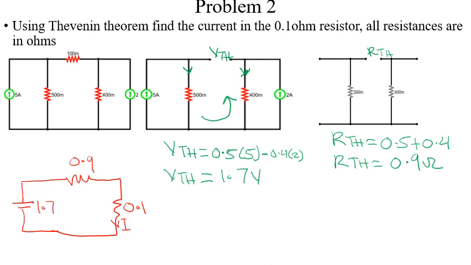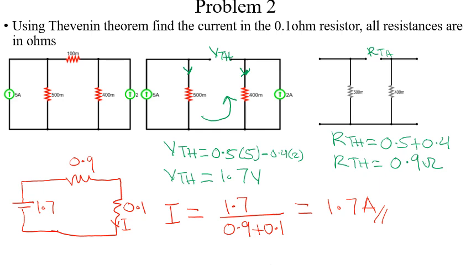So we now find our I as 1.7 over 0.9 plus 0.1, which is equal to 1.7 amps. So basically this is how we solve this question. You can take your time, pause the video, and leave a comment. If you have any suggestions, leave them there.